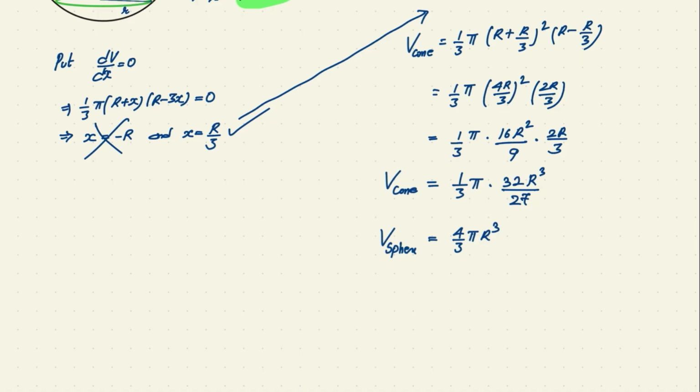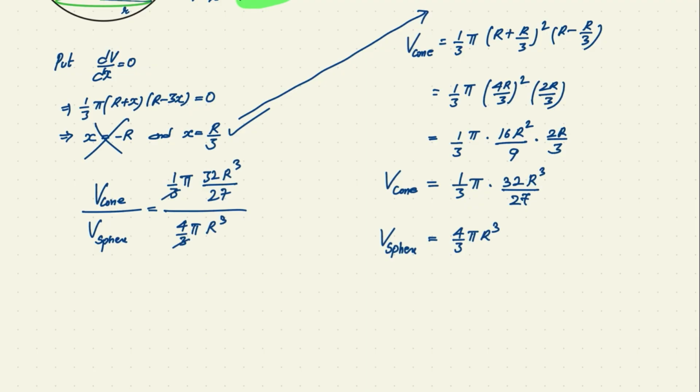Now let us find the ratio of the volume of the cone to the volume of the sphere. Then it will be equal to (1/3)π(32r³/27) divided by (4/3)πr³.